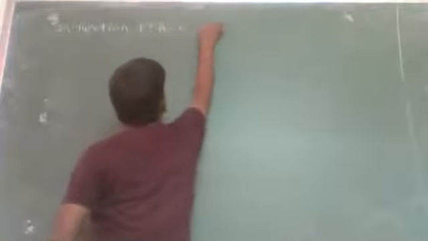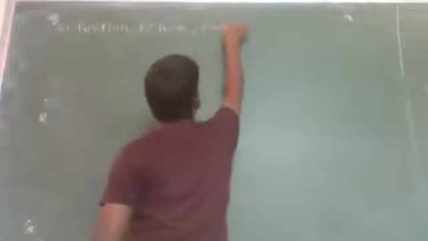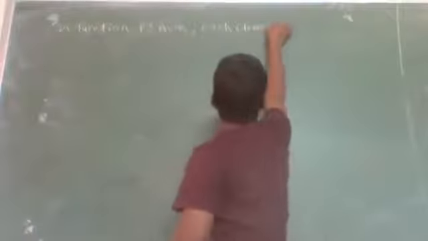Here, each element in A has a unique image in B. In a function from A to B, each element in A has a unique image in B.